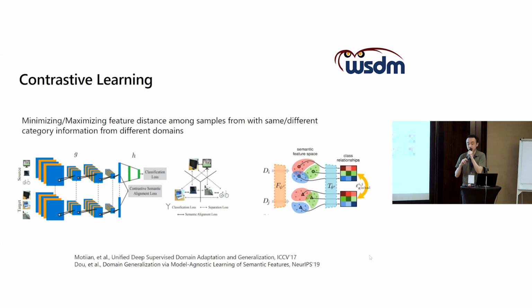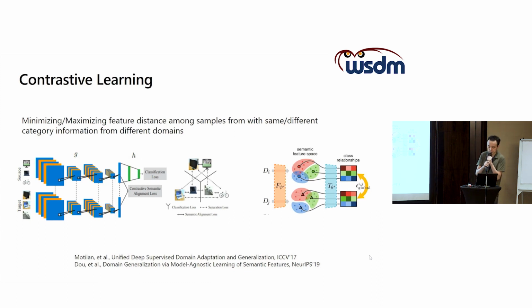So that's why in the feature space, we can focus on minimizing the feature distance between samples from the same category. Otherwise, we can maximize the feature distance across the domains. This kind of contrastive learning has also been proved to be quite effective in improving the generalization capability of our model.